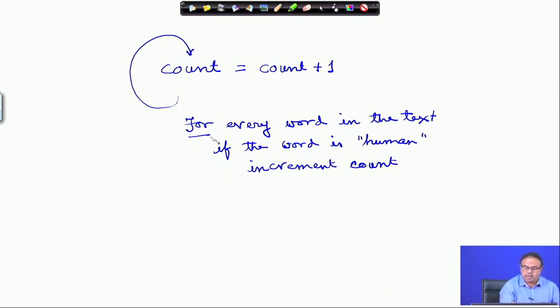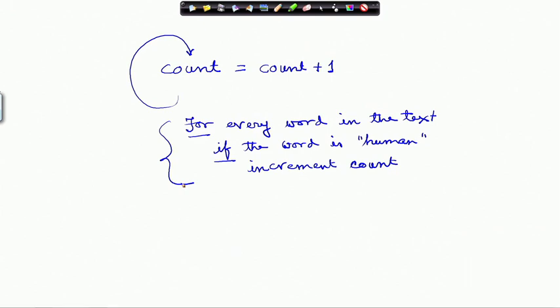So, only if the word is human, I will increment the count, otherwise I will go on reading the word. So, this is a very clear step which I can express to the computer in its own way, so that it can find out how many times the word human has occurred.